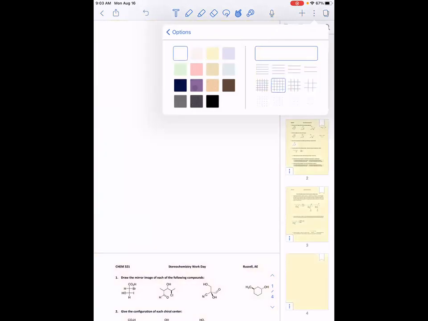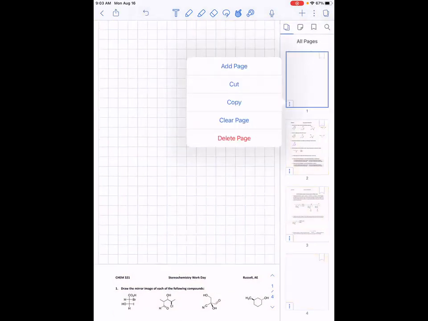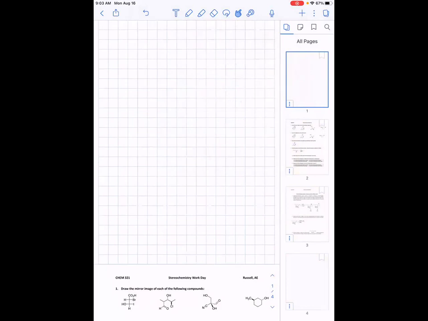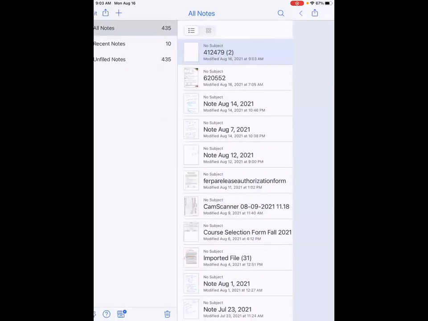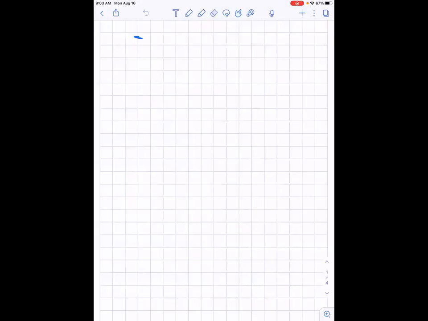Let's leave it white. All right. What's today? 15, 16.